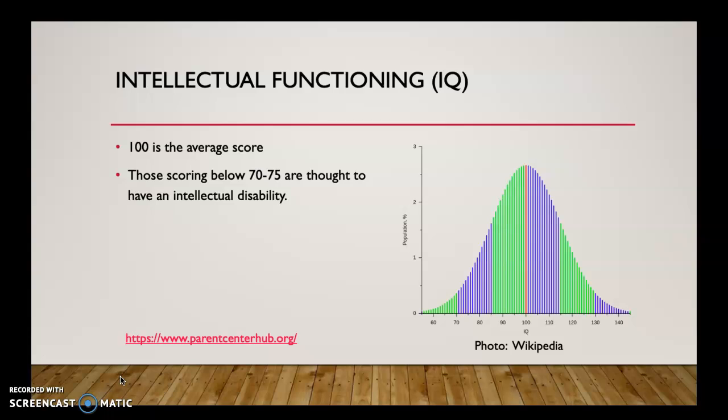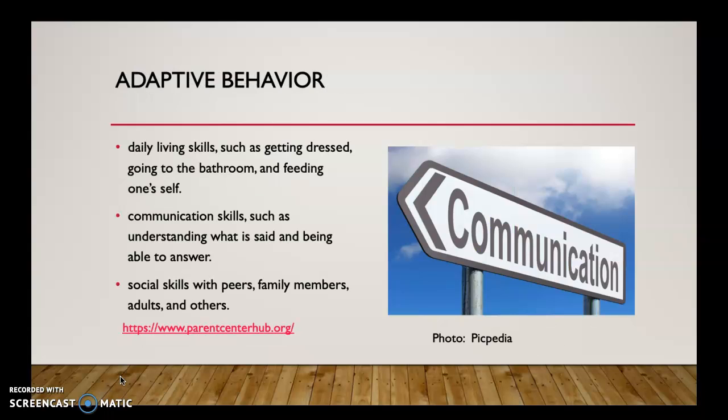So that's one way that people can be determined to have an intellectual disability, by their IQ score.